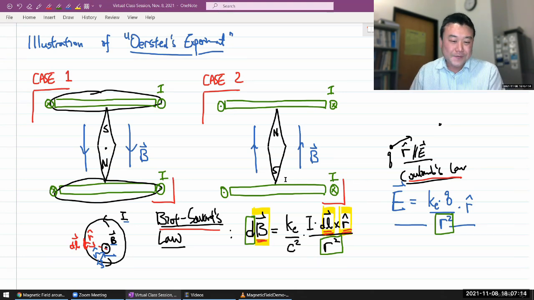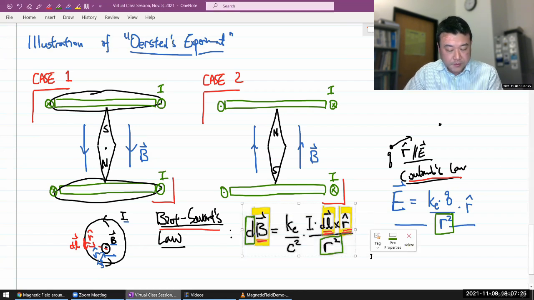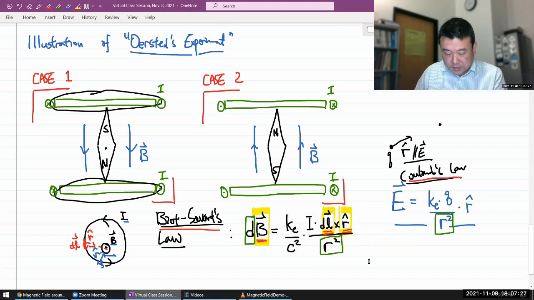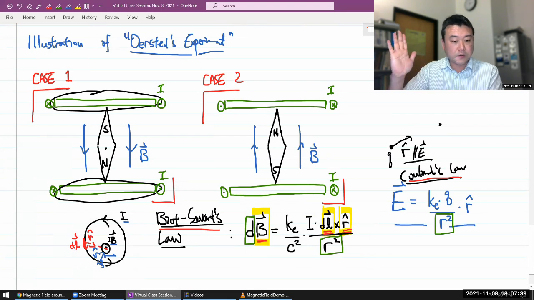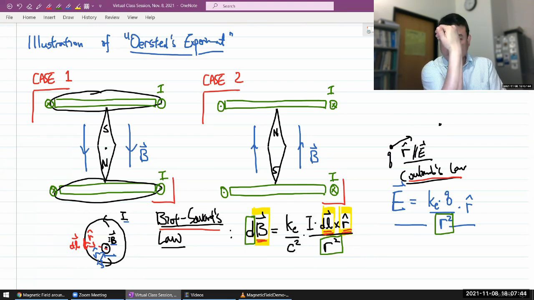So let me wrap up this video by showing how the directional information that's given here is consistent with what we experimentally observed. So let me use this picture to work out the right-hand rule for magnetic field inside this loop here. So I have the direction of current, which is going counterclockwise.